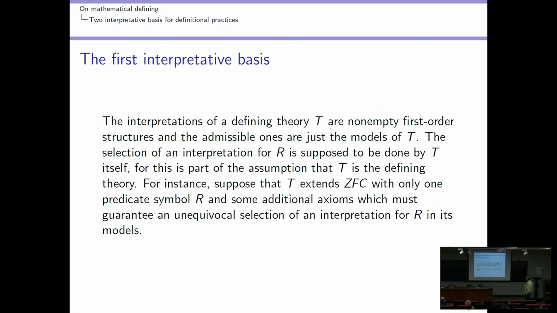So the interpretations in the first interpretative basis, the interpretations of defining theory are just as usual, the usual agreement, non-empty first order structures, and the admissible ones are just the models of T. The correct interpretations of T are the models of T, right? This is the usual agreement.